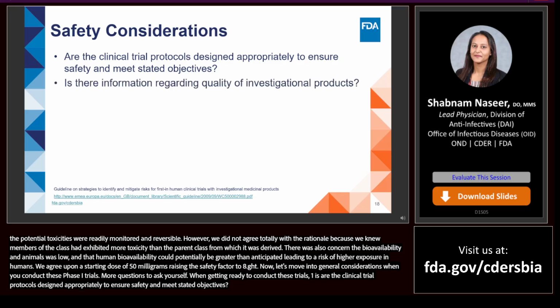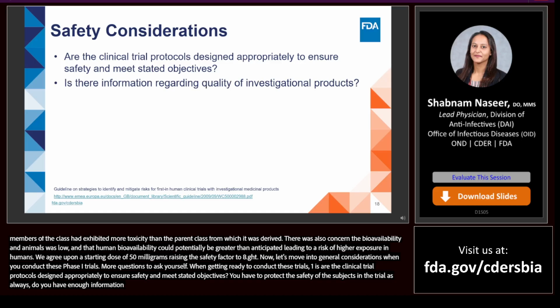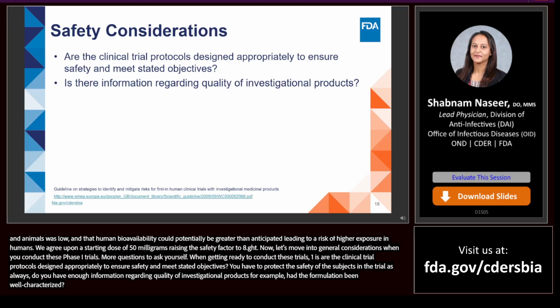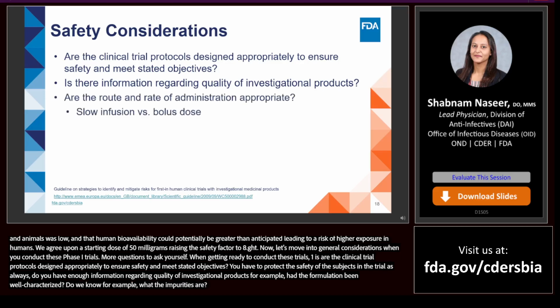You have to protect the safety of the subjects in the trial as always. And do you have enough information about the quality of the investigational products? For example, has the formulation been well characterized? Do we know, for example, what the impurities are? Are the route and the rate of administration appropriate?